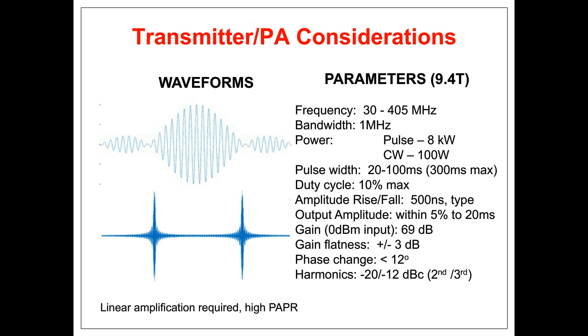So you want to be able to faithfully reproduce those carefully crafted pulse sequences for slice selection. And that means, of course, you're probably going to have a linear amplifier. And if you look at that sin x over x type shape, it's got a high peak to average power ratio, linear amplification. So these amplifiers have very low efficiency, and some of them actually tend to be water cooled. So there are a lot of requirements on the transmitter PA for MRI.